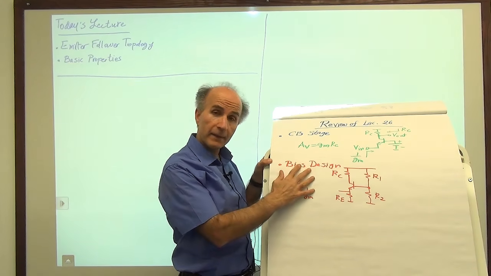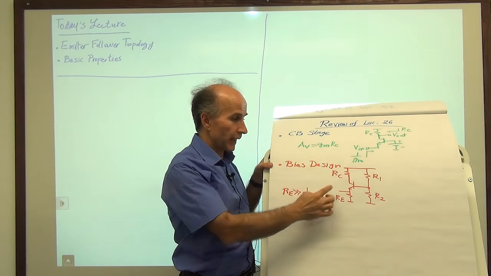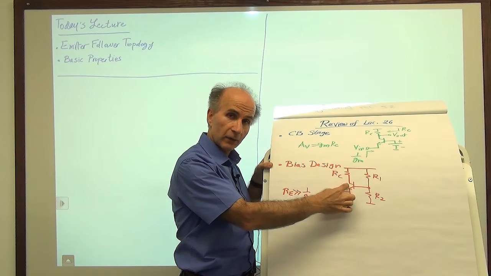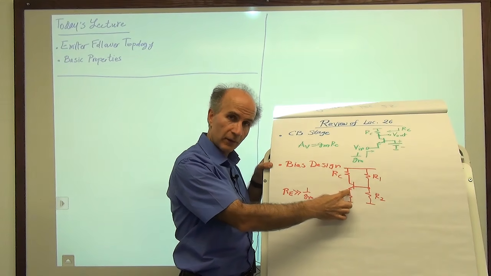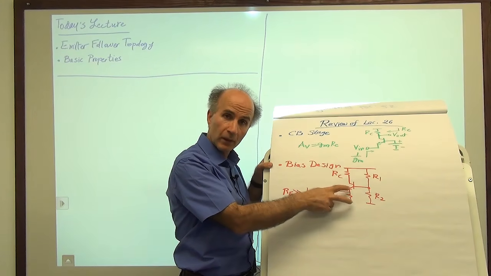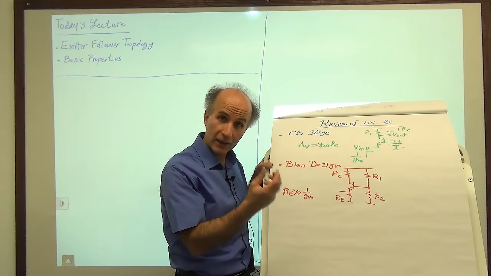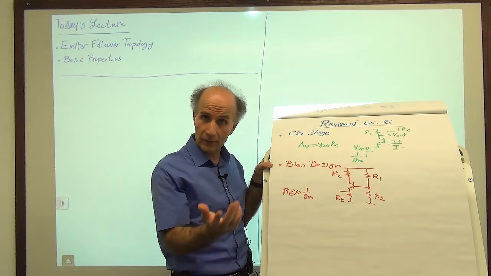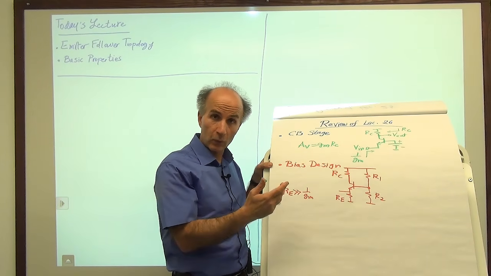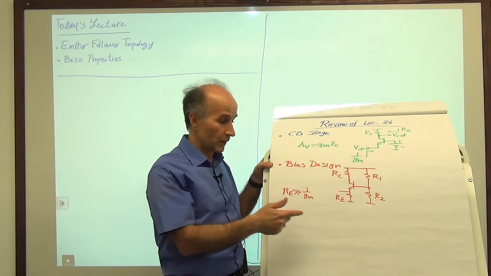Then we looked at the biasing design of the common base stage. We saw that because we need a DC current to flow through the transistor and to ground, we have to have some two-terminal component between the emitter and ground that can carry a DC current. A capacitor cannot do that. So maybe we can use a resistor or an inductor or a current source.